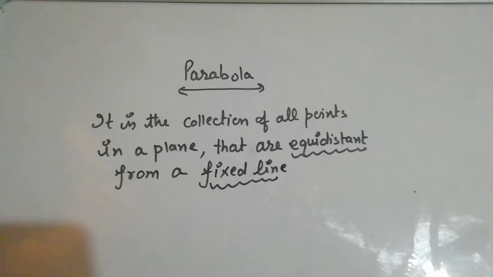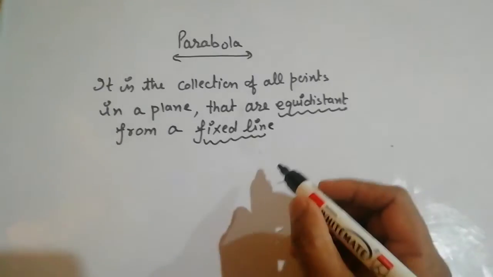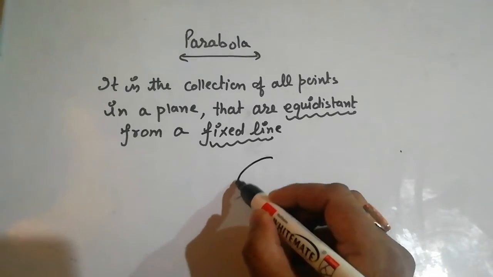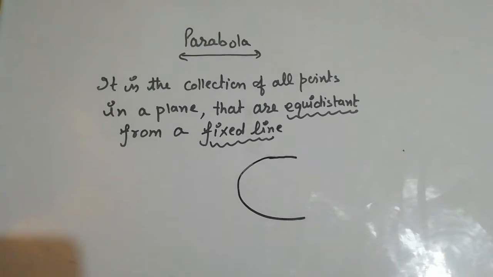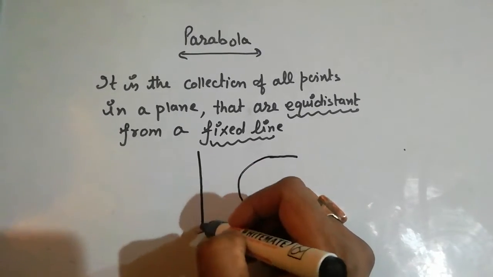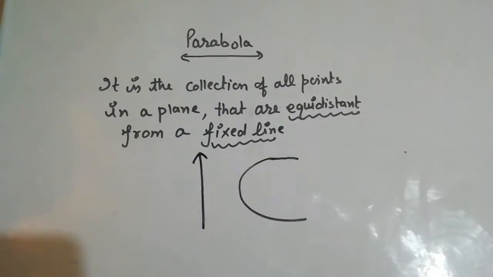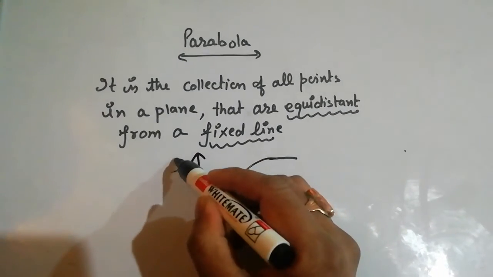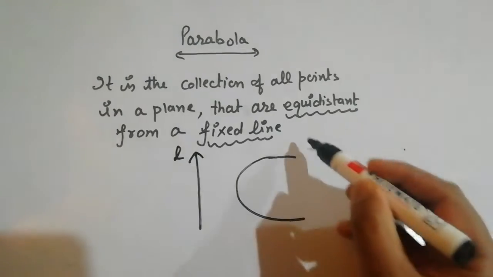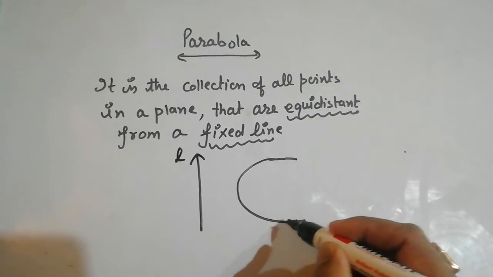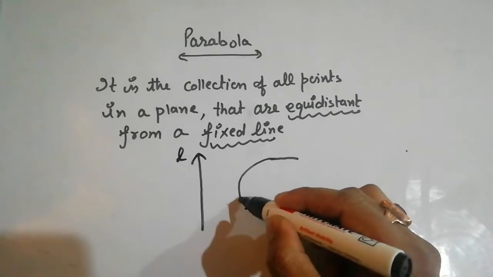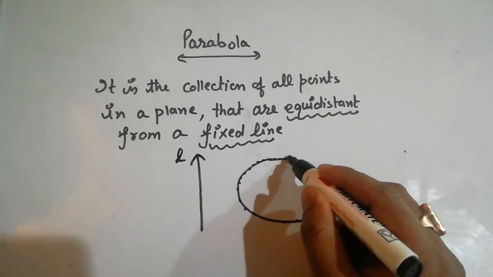See here, let us suppose this is your parabolic shape. So here our fixed line is this one. Let this line be L. So it is a collection of all points. This curve is made up of a lot of points, it is the path of all points.